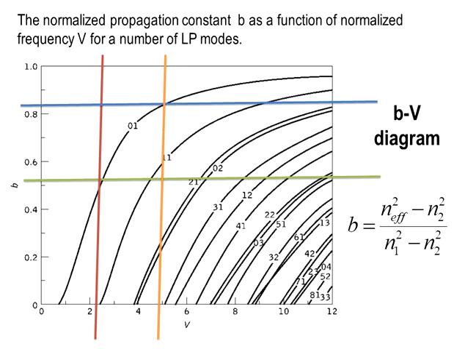And in the second case, if V number is greater than 2.405, the fiber becomes a multi-mode fiber and supports more modes. In terms of lambda, whenever lambda is less than lambda c, the fiber becomes multi-mode and supports more modes.